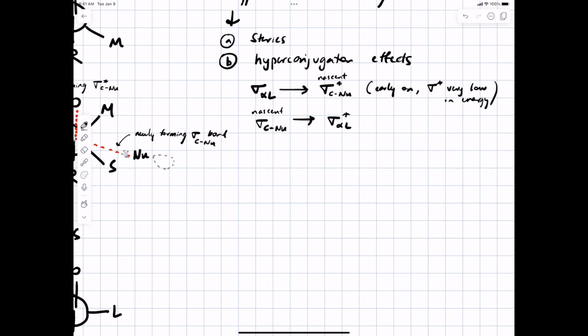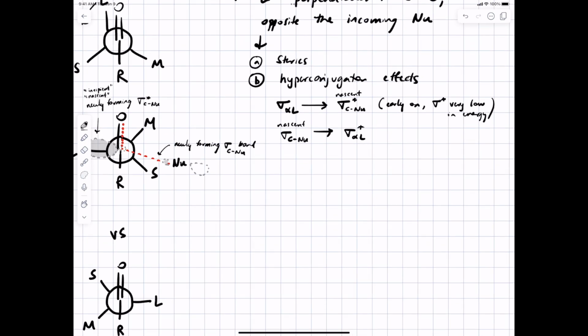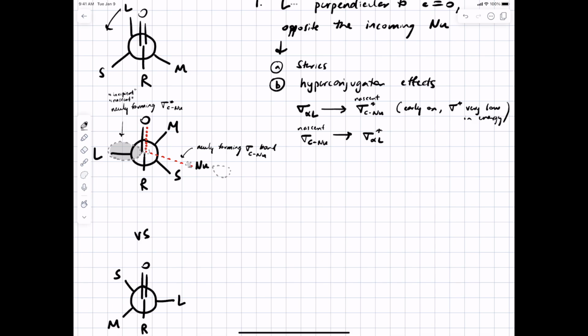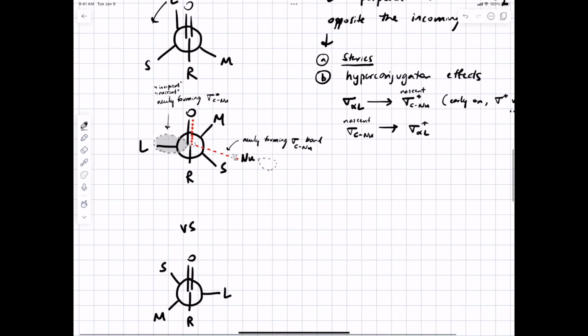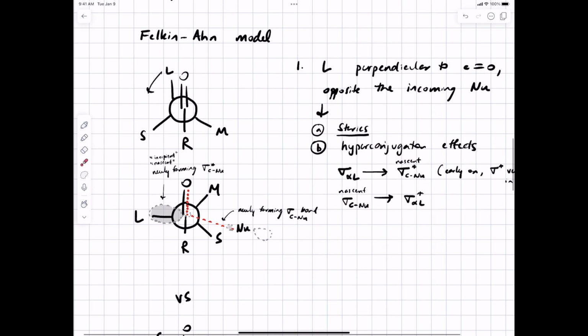And in that case, it might not matter. Sterics may be the dominant factor, right? We haven't really talked about what kinds of bonds these are between the alpha carbon and the large, small, and medium groups. But early on in the class, we talked about what kinds of sigma bonds make good donors, right?